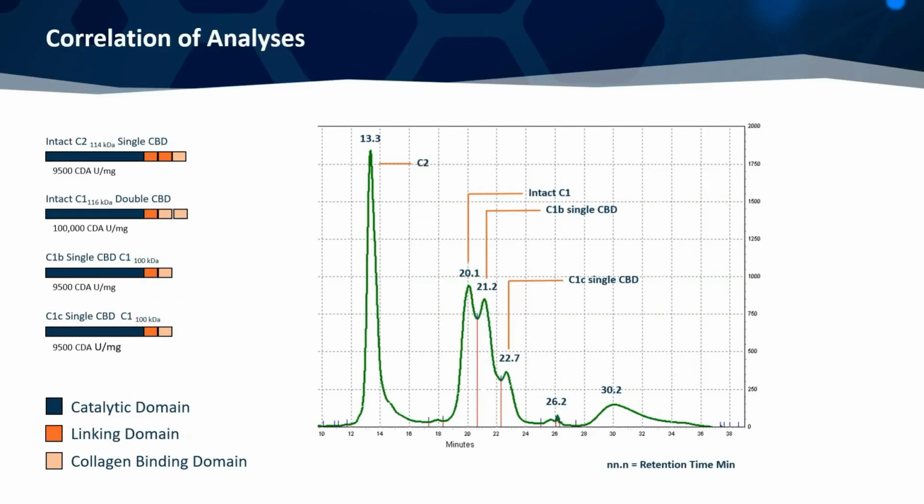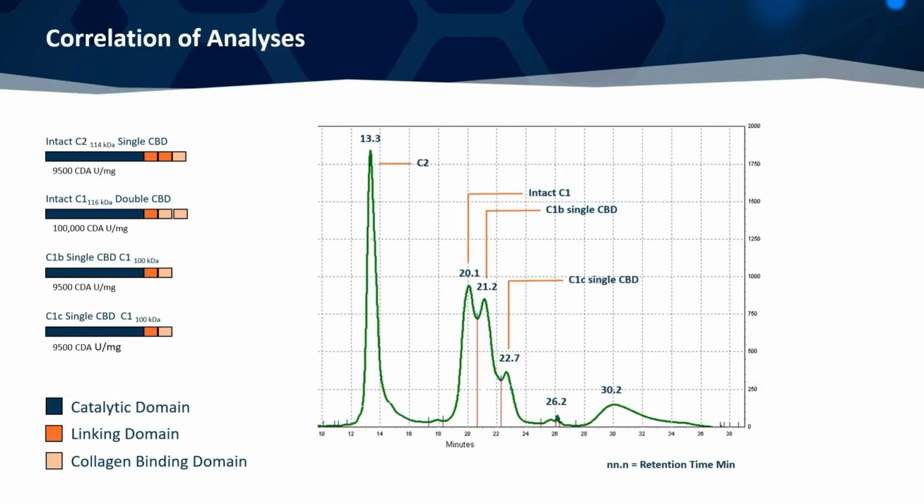Well, we did a very interesting experiment in 2007. Drew Bridey was really the person who performed the experiment. He's still with us. What we ended up doing was taking the same analytical anion exchange profile, and believe it or not, this lot did work for human islet isolation. And you can see the three peaks in the C1 at 20.1 minutes, the C1b, which we just didn't know exactly what the activity was before we did this experiment, and the C1c.